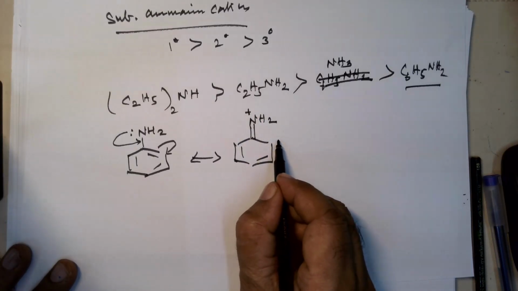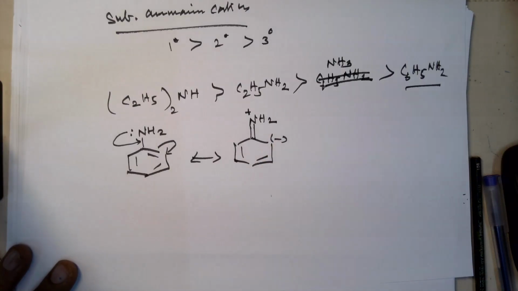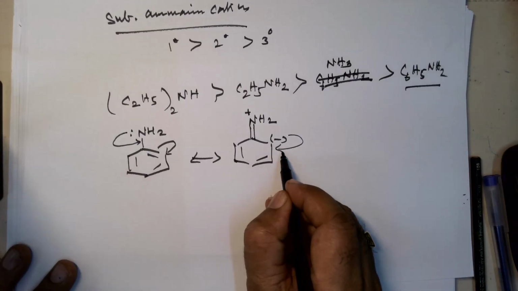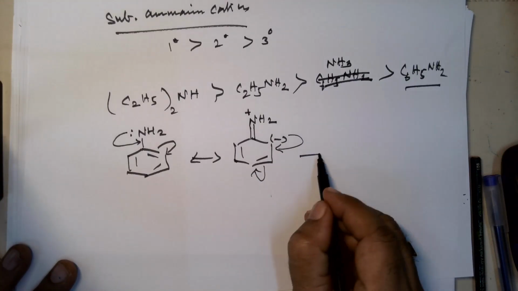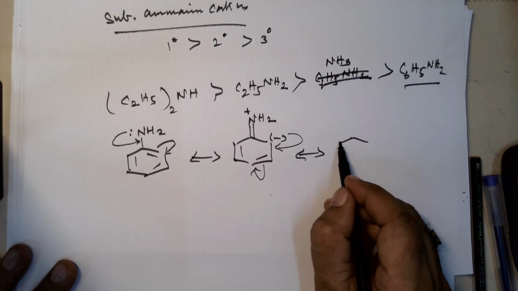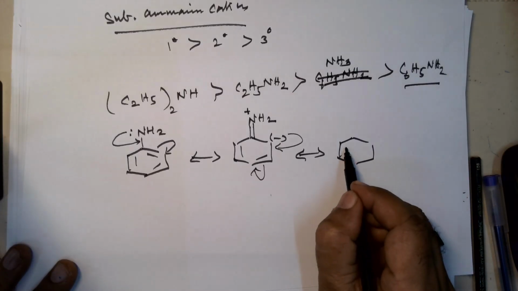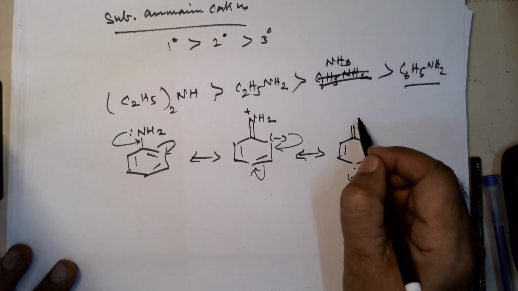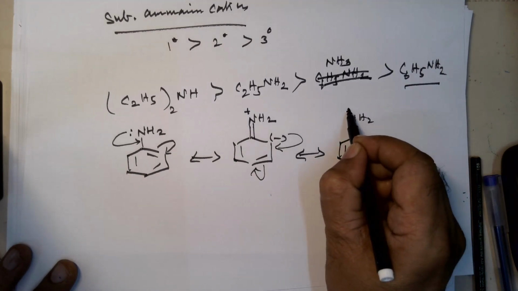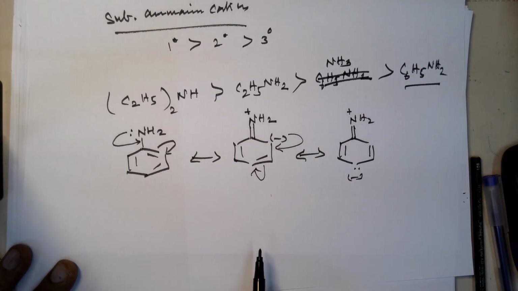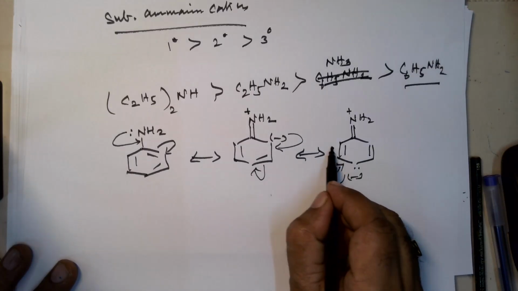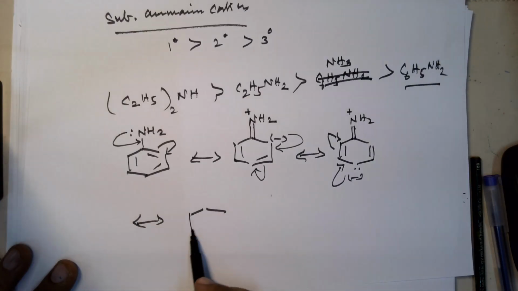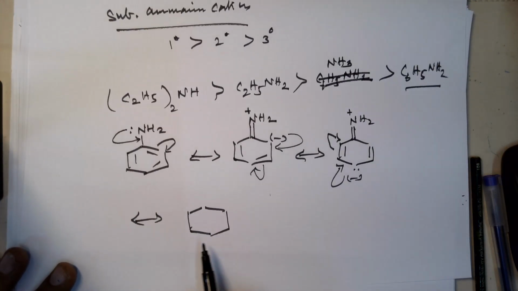And here it becomes minus. And again this will come here, and this will go to the edge, so it becomes minus here, and then the NH2 bond here. And again this will come here, and this will go here. So this is called delocalization of pi electrons, and thereby resonance arises.